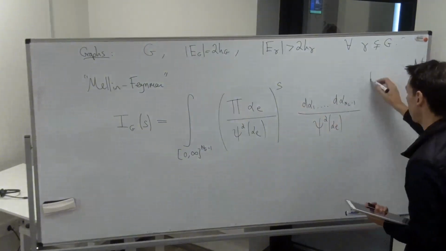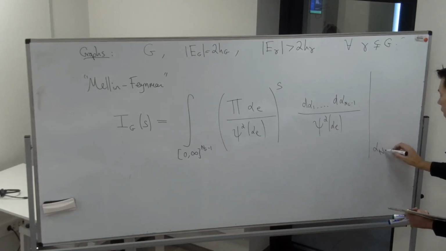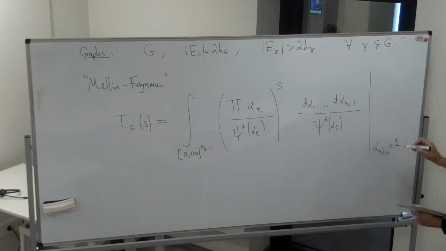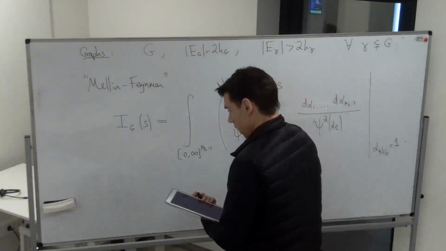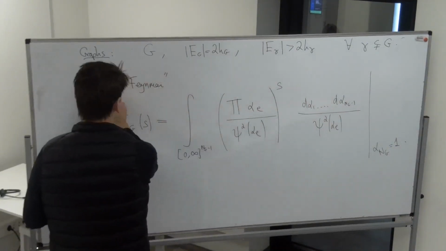And I need to set alpha_{N_G} equals 1 in this. I can do a projective version, but it's simpler just to set one variable to 1. And this doesn't depend on which variable I set equal to 1. And so this is what we call Mellin-Feynman integrals.